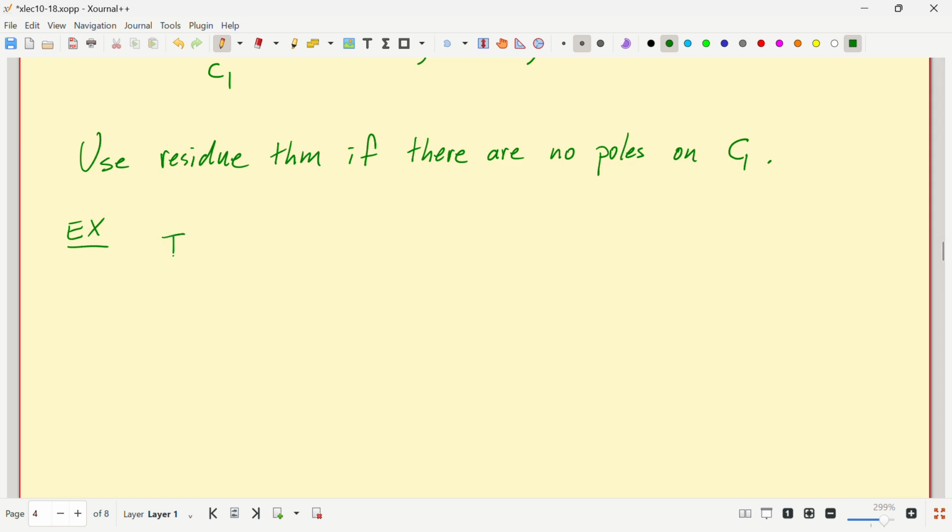Anyway, I want to calculate the integral from 0 to infinity of x to the minus alpha over x plus 1 dx, where alpha is between 0 and 1. So that's a real integral.